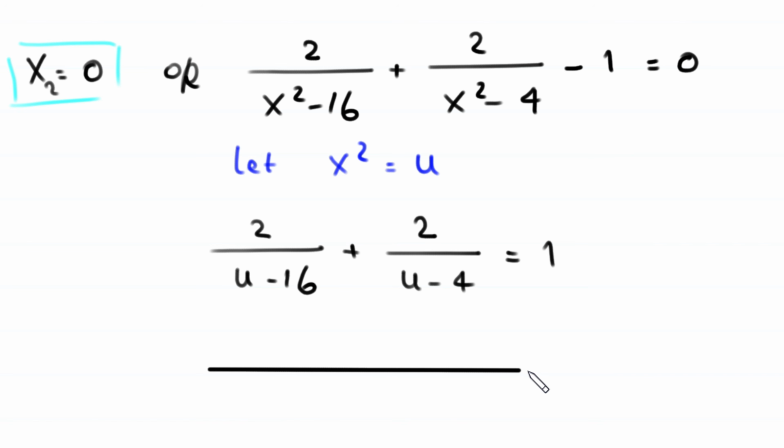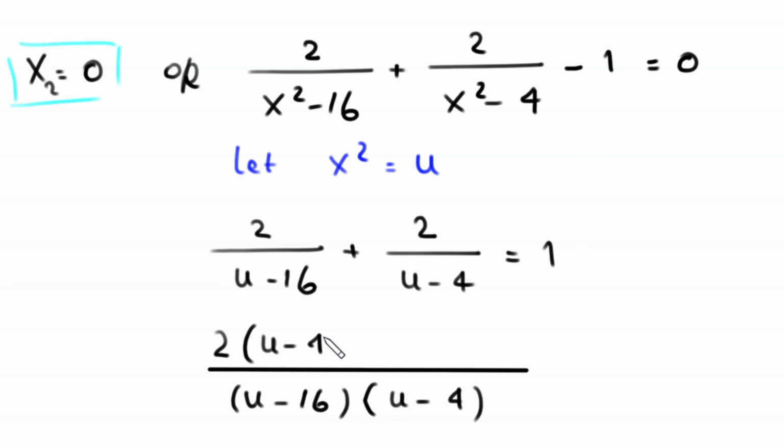The LCM of denominators is u minus 16 times u minus 4. So u minus 16 will be cancelled out, and we multiply this 2 by this u minus 4. This will become 2 times u minus 4, plus in the same way we multiply this 2 by this u minus 16, equal to 1.